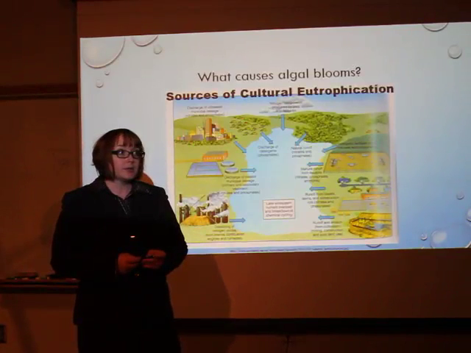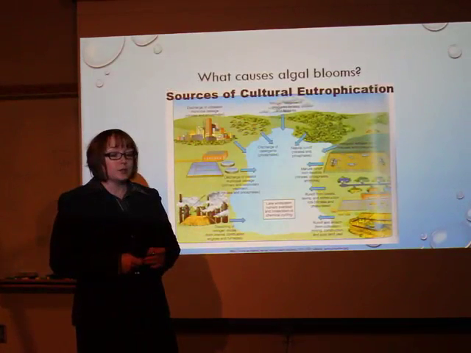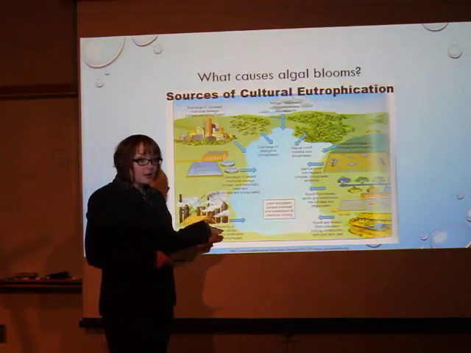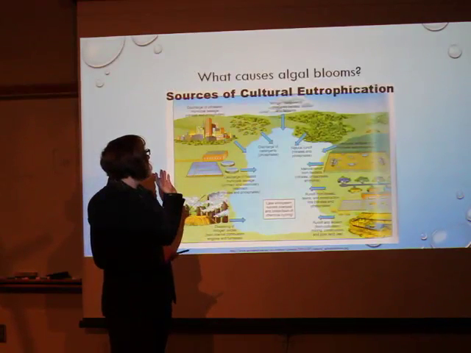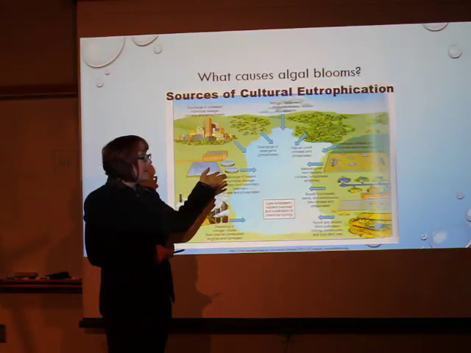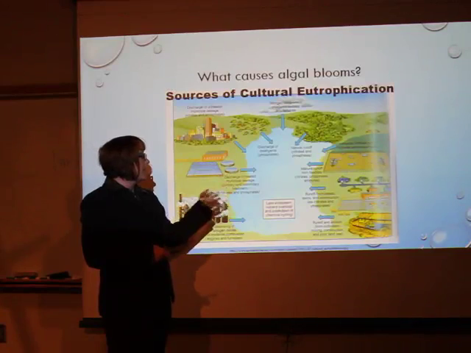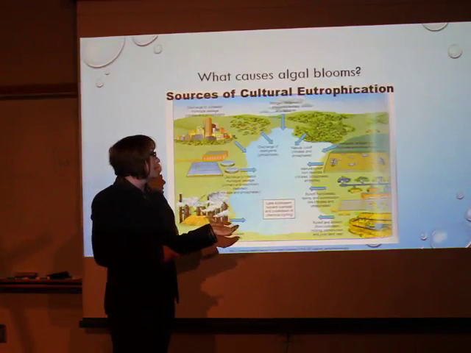There are several sources of eutrophication which contribute to these cyanobacterial blooms. There is the use of fossil fuels, the discharge from water treatment facilities, as well as discharge from urban areas and agricultural areas.